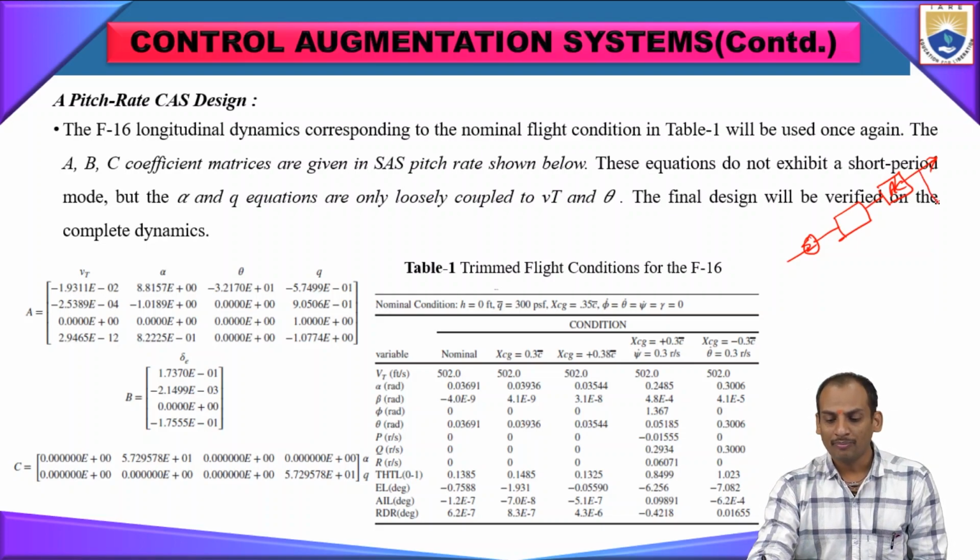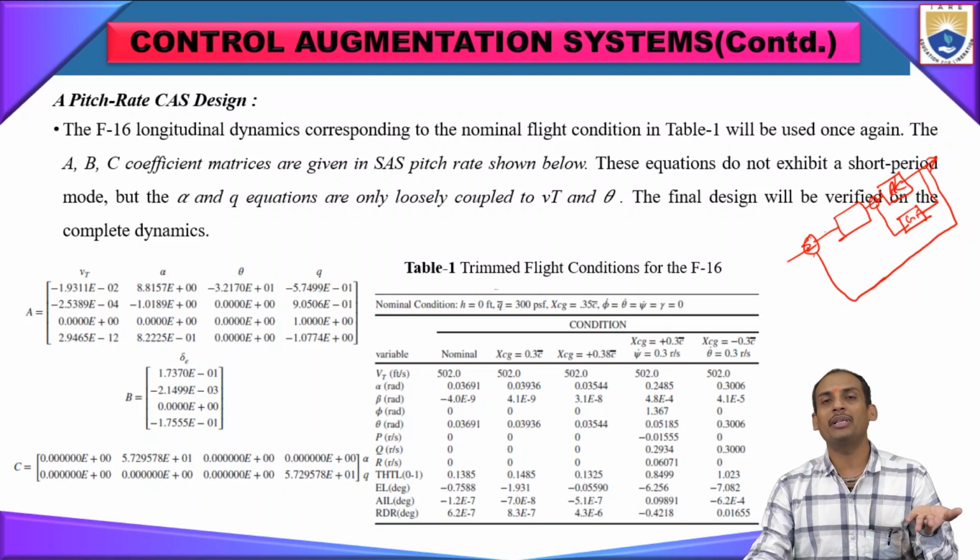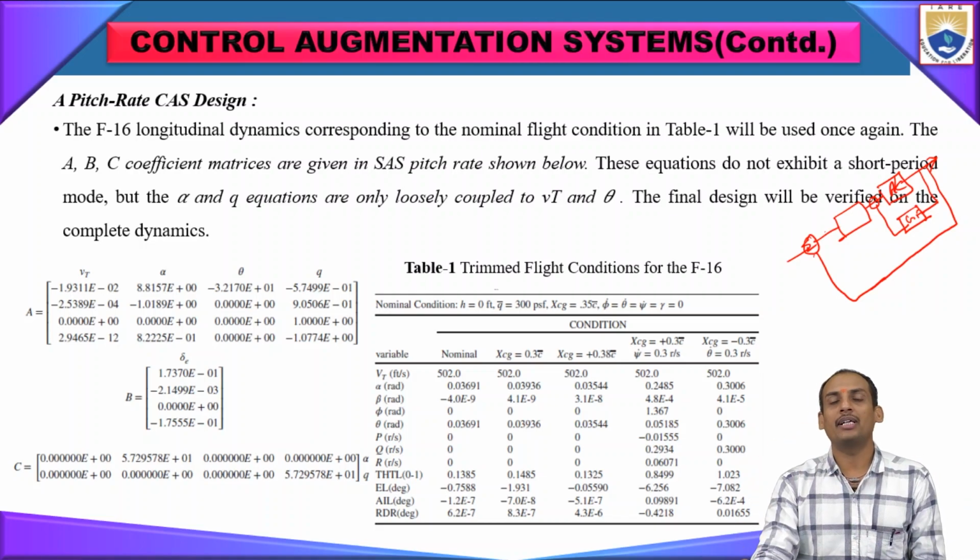From that output, there will be a pitch rate feedback system, a gain feedback, which is again summed here. After that, another forward loop is also given here. We have already come across this type of system when we explained it previously, so we are taking it back to here.